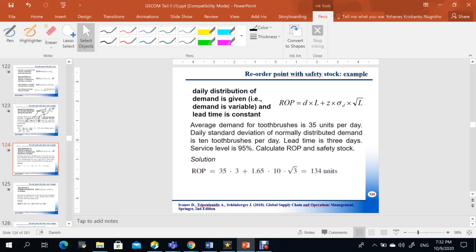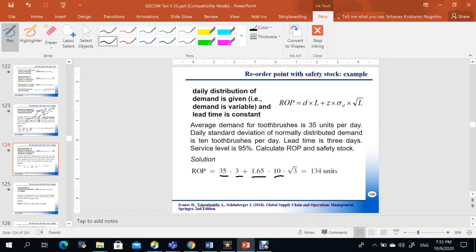Okay. Here we have the reorder point formula, and then we just put in all the numbers we know from this example. Demand is 35, the lead time is 3 days, the daily standard deviation of normally distributed demand is 10 toothbrushes, and the customer service level of 95% gives Z equal to 1.65, and therefore we have 134 units.